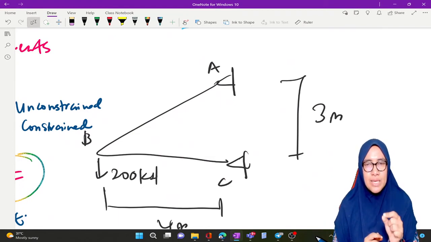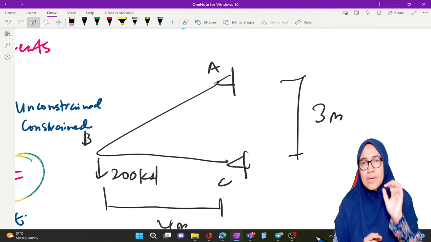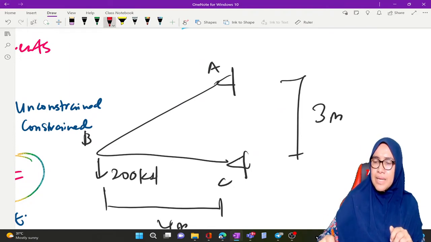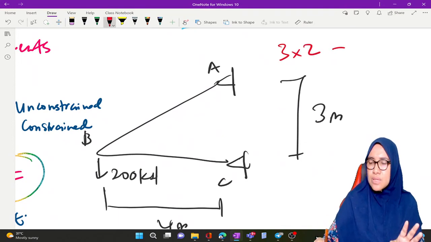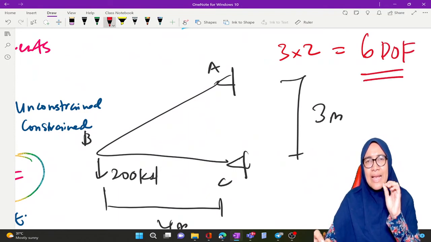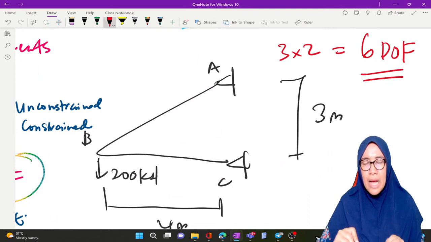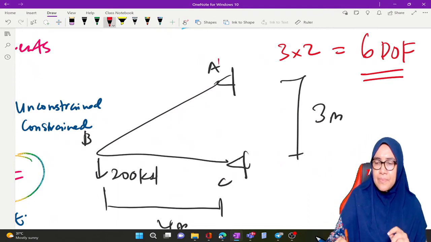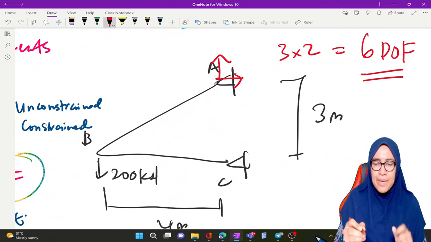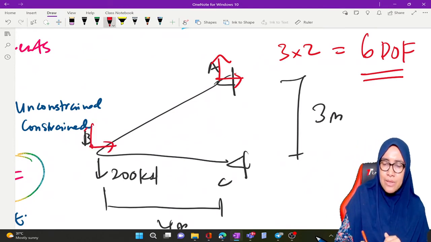What I want to show is there are 3 times 2. So in total, this truss has 6 degrees of freedom, because at A we apply 2 degrees of freedom, at B we apply 2 degrees of freedom.